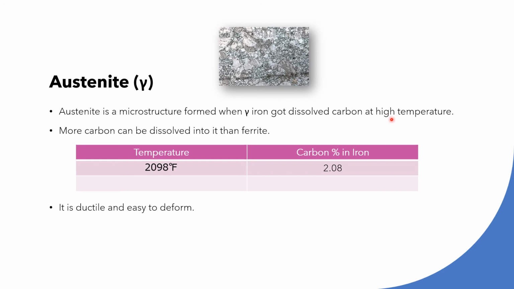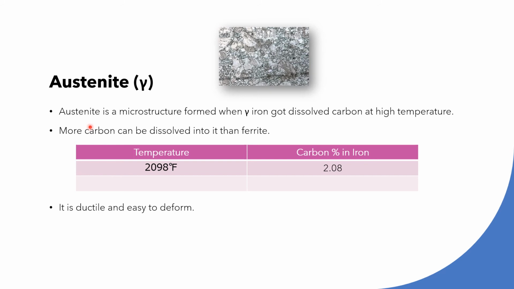So we're going to heat it up. When you heat it up, the carbon is going into the iron. So how much percentage do we want? 2.08%. At that time, the structure is like this, and we call it austenite.